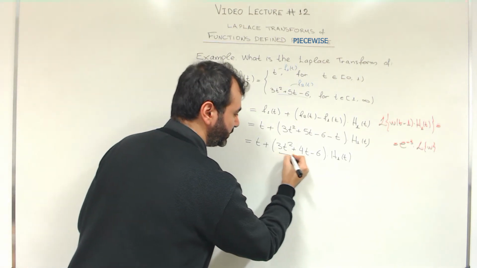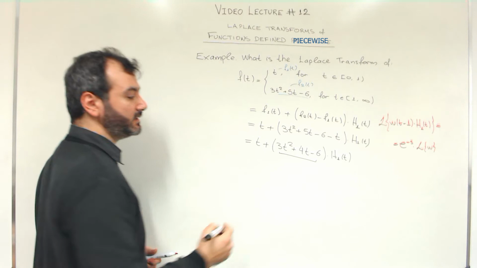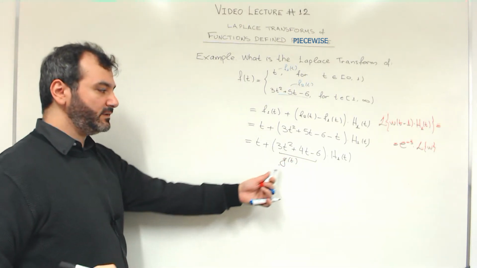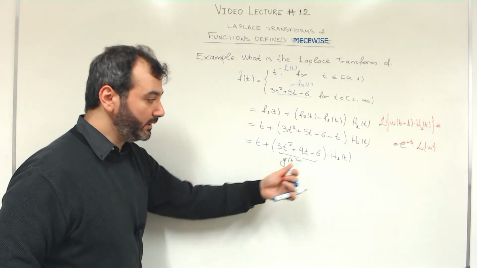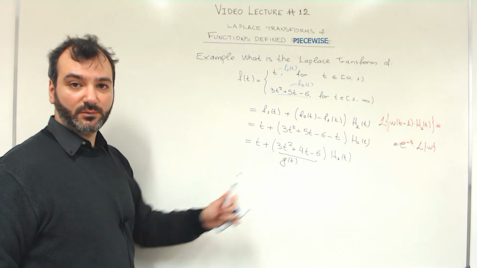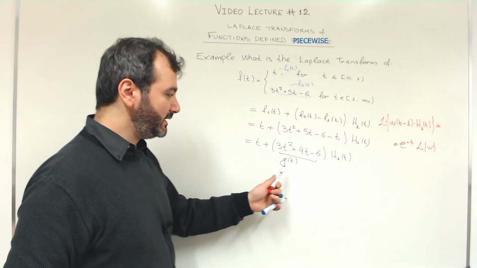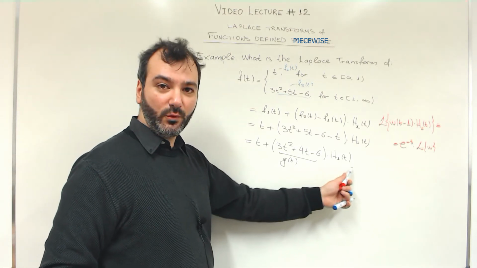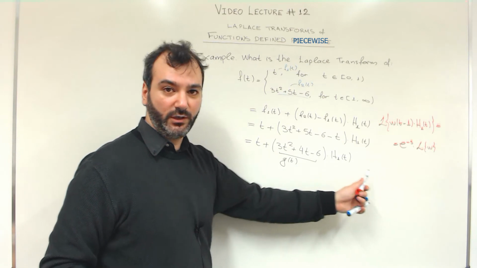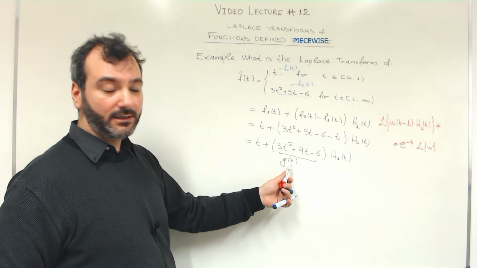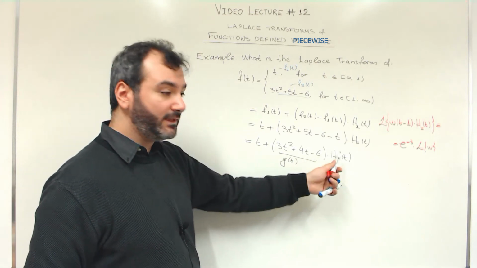Let's call this function g of t. When g is a polynomial, we can use Taylor's approximation theorem. But how is this relevant? We're not trying to approximate it, we're trying to write it as an expression that involves t minus 1.